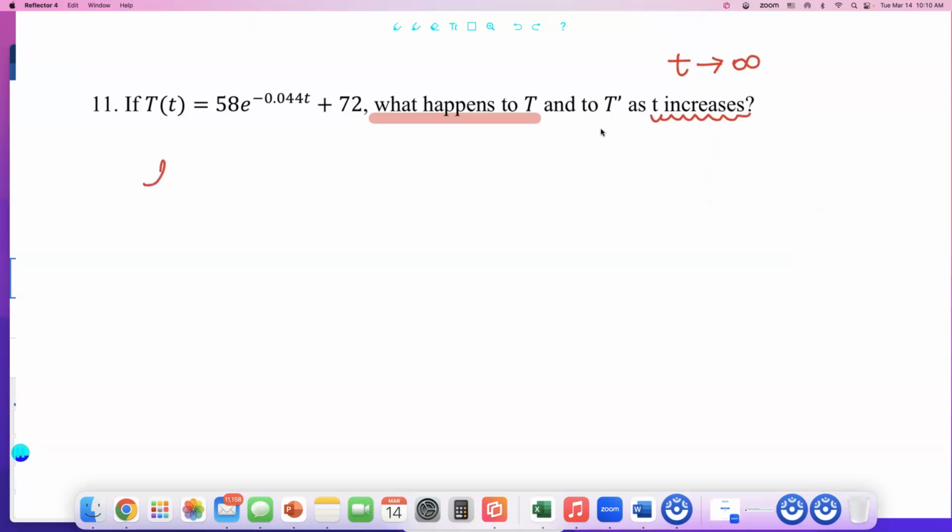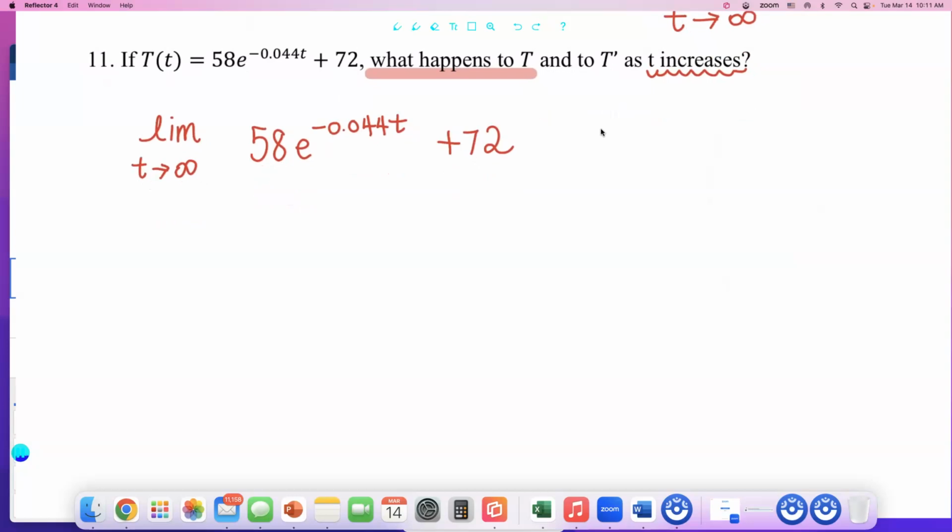So let's find the limit as little t approaches positive infinity of our original function, which is 58 e raised to the negative 0.044t plus 72. Right. Haven't done limits in a while, but hey, that's okay.